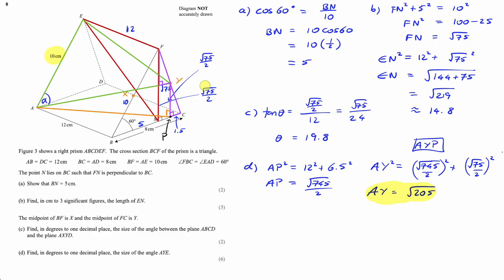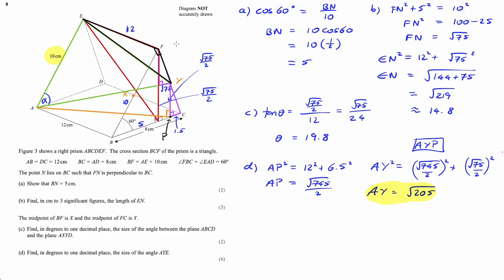I need EY. Okay, so to find EY, I'm going to do E to F to Y, and then back here. Okay, and that, believe it or not, is a right angle triangle, just because these planes are kind of at right angles here.